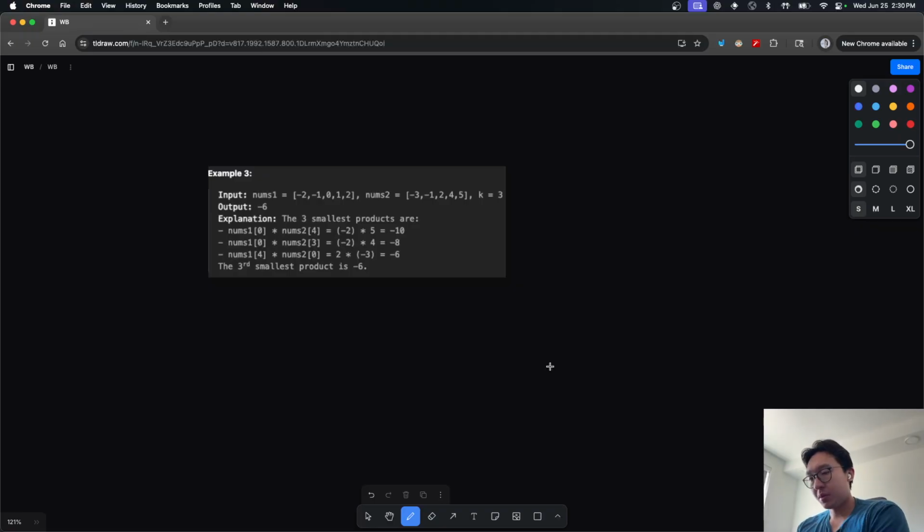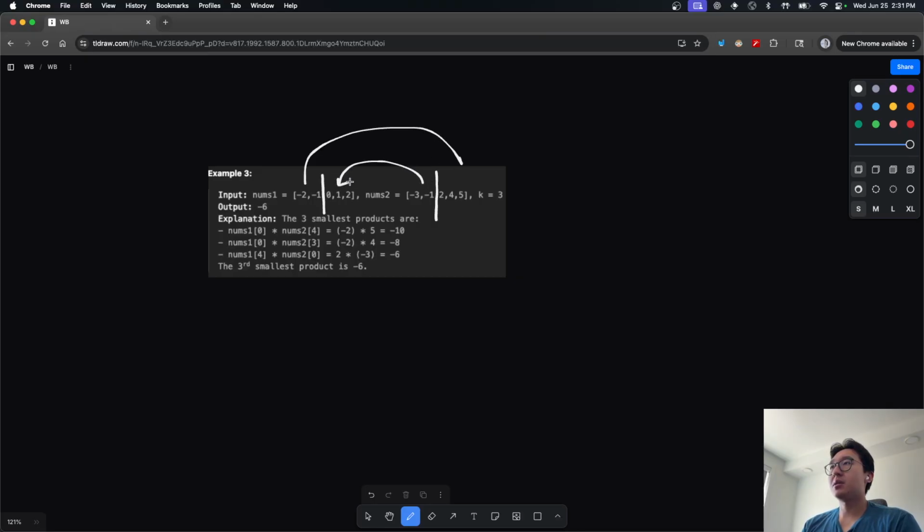I think what we want to do here, I'm thinking if I can separate those, and then we're gonna multiply the negative with the positive, and then the negative with the positive.